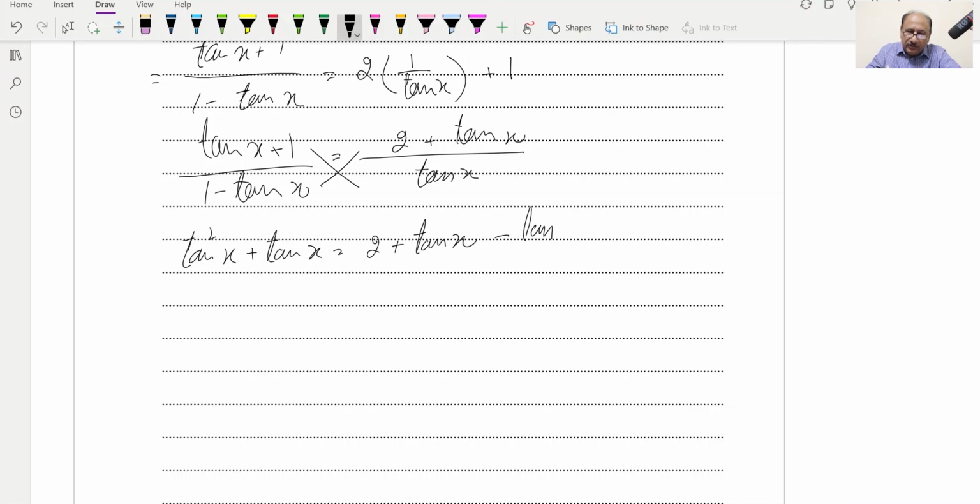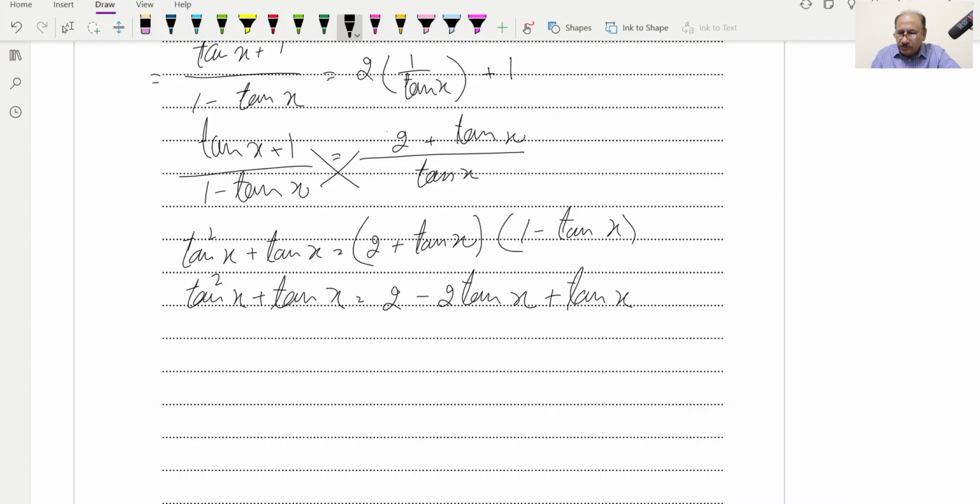Okay, what I will do, I will put in brackets and then I will multiply so that everything will be more clear. So tan square x plus tan x is equal to 2 into 1 will be 2, and 2 into minus tan x will be minus 2 tan x, and tan x into 1 will be plus tan x, and tan x into minus tan x will be minus tan square x.